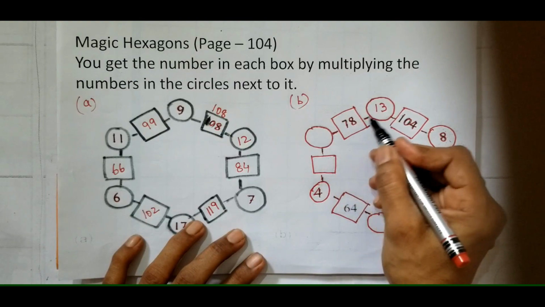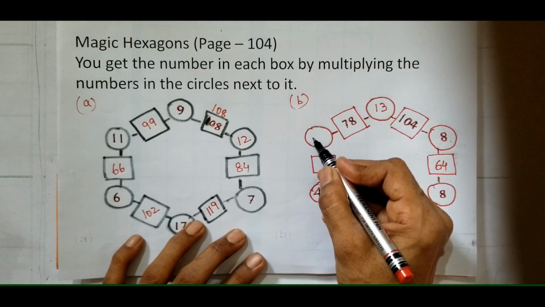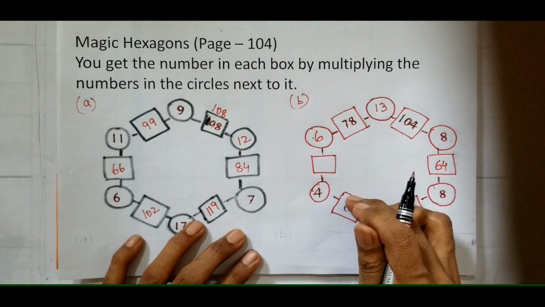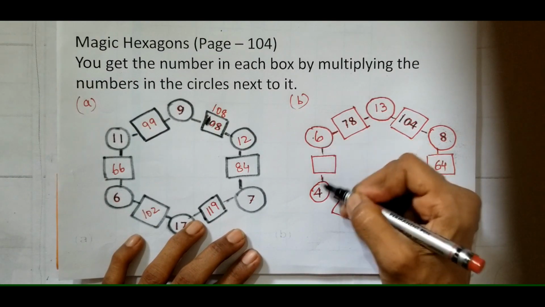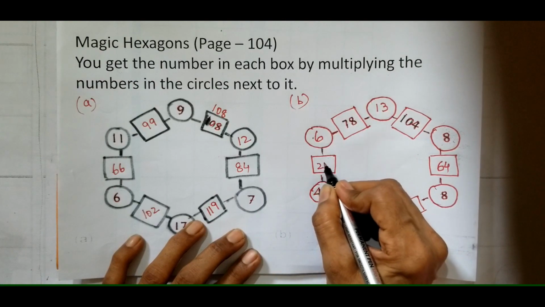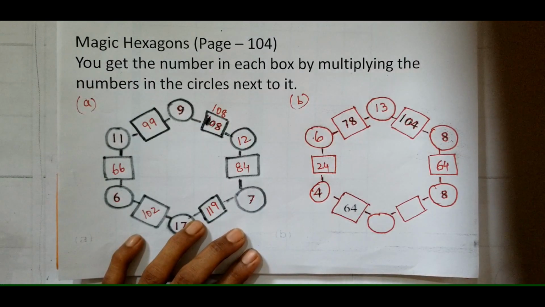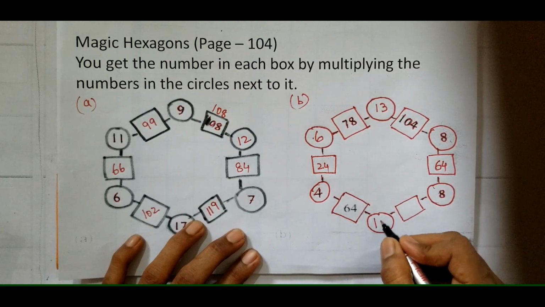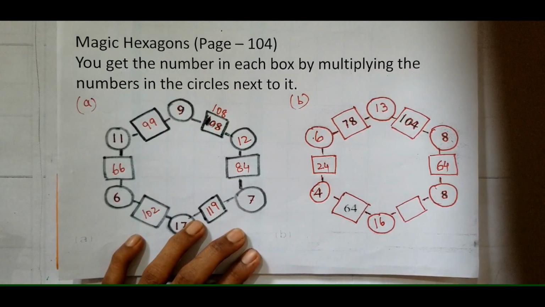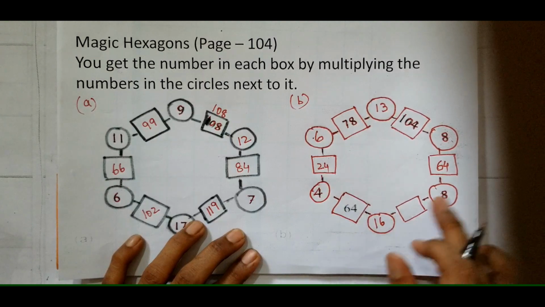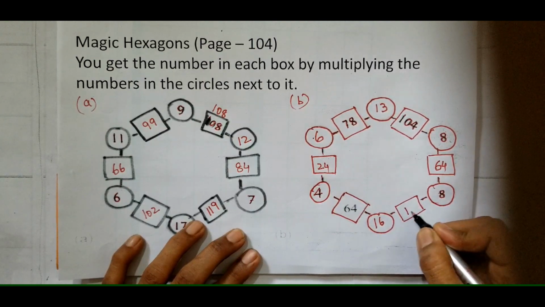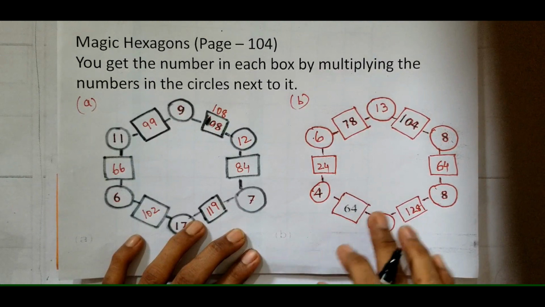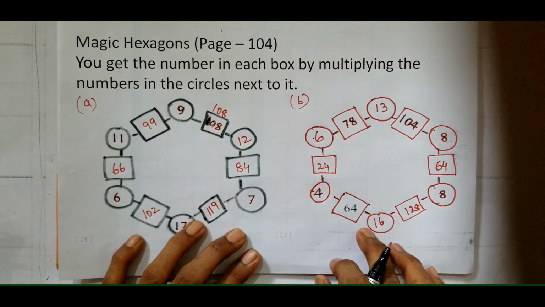Now here I need to divide these 2 to get this. 13 sixes are 78. Now I have these 2 numbers. 6 fours are 24. Now here I need to divide these 2. 16 fours are 64. And now I need to multiply these 2. 128. This is how you do the questions.